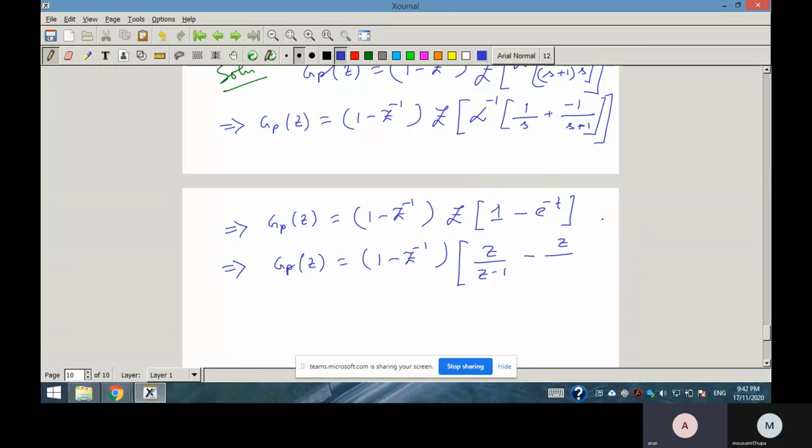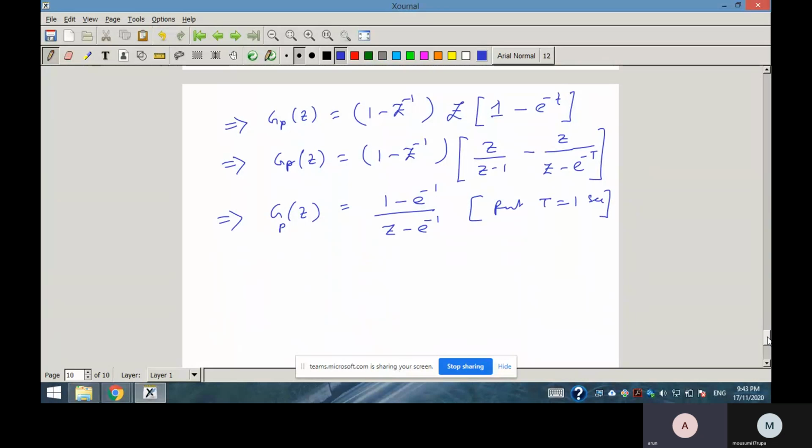So now capital T is, Z minus e to the power minus T. So this implies G(P)(Z) will be equal to, ultimately, if you simplify it and put T equal to 1, so it will be 1 minus, please simplify it. I am not showing the details. So put T equal to 1 second. So in G(P)(Z) you will get like this.